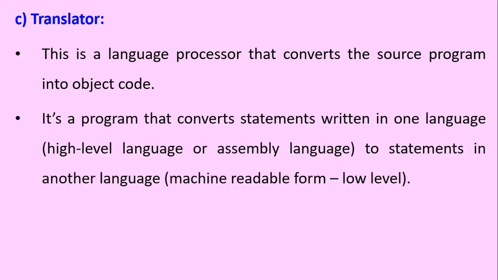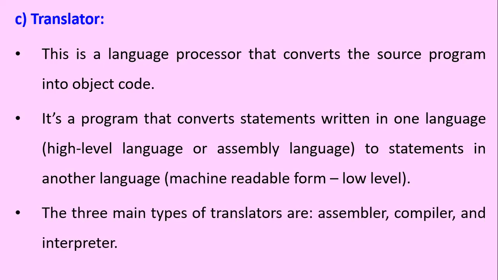It is that program which converts statements that have been written in one language, that is in high-level language or assembly language, to statements in another language, which is normally machine readable form, or what we call low level. The three main types of translators that we normally find in programming languages are assembler, compiler, and interpreter.